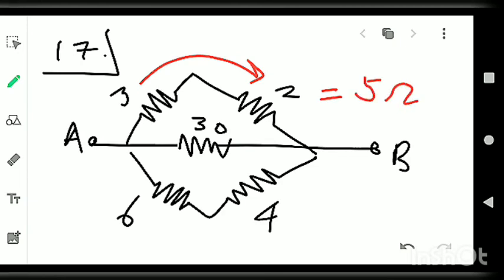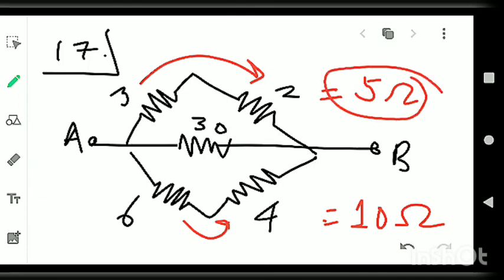And in the lower portion, the 6 and 4 are connected in series again. Where one ends, the next begins. 10 ohms. And in the middle, I have got 30 ohms. So what I got? I got 3 resistances in parallel. On the top portion, 5 ohms. On the lower portion, 10 ohms. And in the middle portion, 30 ohms.